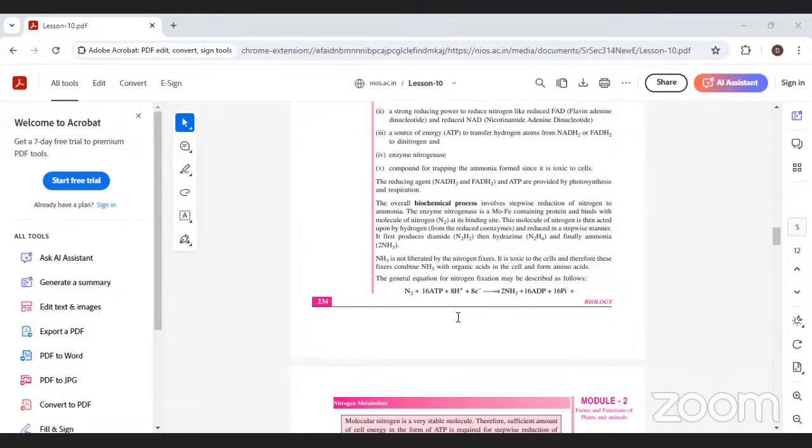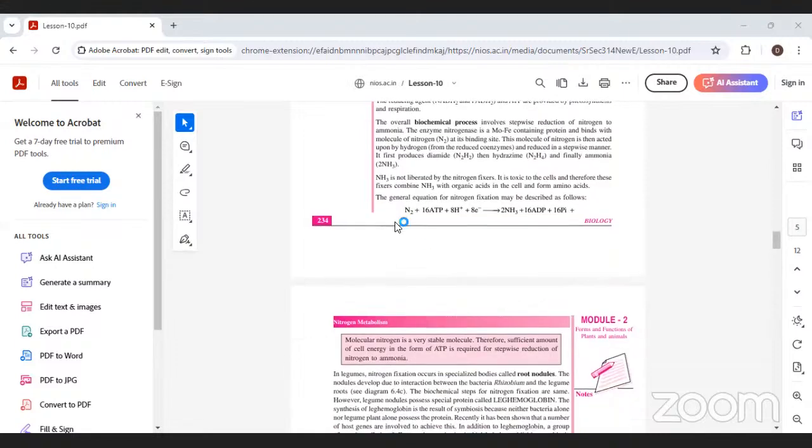amino acids. The general equation of nitrogen fixation is: N2 plus 6 ATP molecules utilize 8 protons and 8 electrons to form 2NH3, 16 ADP plus 16 phosphate.